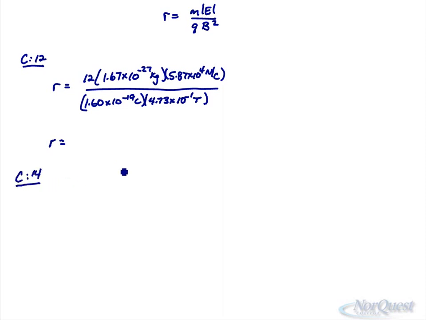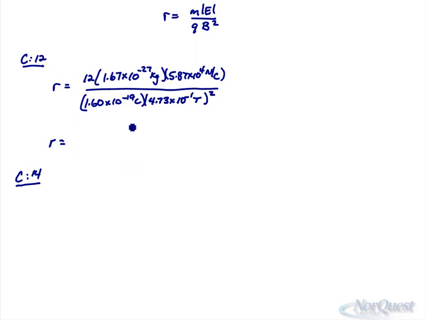First of all, we'll punch this in. 12 times 1.67 to the exponent negative 27 times 5.87 to the exponent 4 divided by bracket 1.6 to the exponent negative 19 times 4.73 to the exponent negative 1, and I forgot to write squared on my slide, but I'll make sure I punch that in correctly.